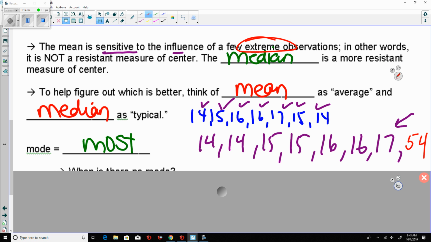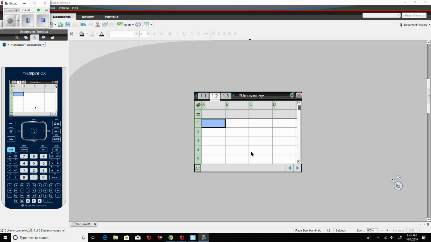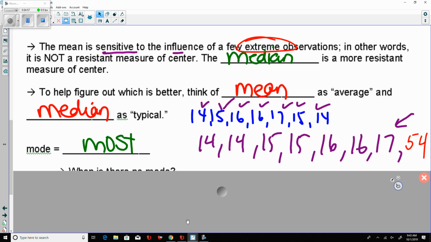All right, so let's take a second. We'll put these in the calculator. All right, so you have your calculator. You go to your table. Okay, so there were 7 values. All right, so I think I had 2 14s. So I'm going to put it in the way they had it. I got to go back and look, what did I have? 14, 15, 16. Oh boy, I'm going to try to remember this.